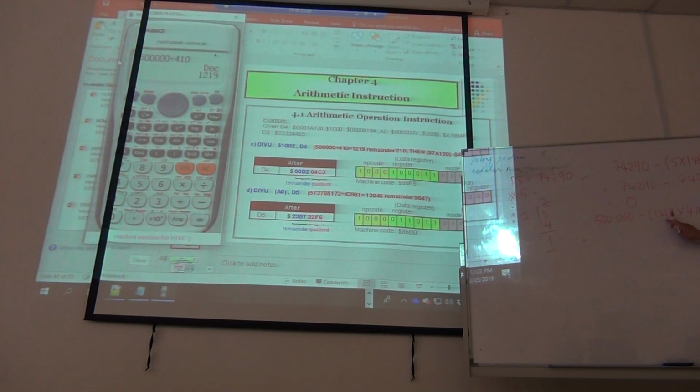No. 1219 times 410 is 499,790. So this is 500,000 minus this number. That is your answer. What's the answer here? 210. This is base 10 decimal.